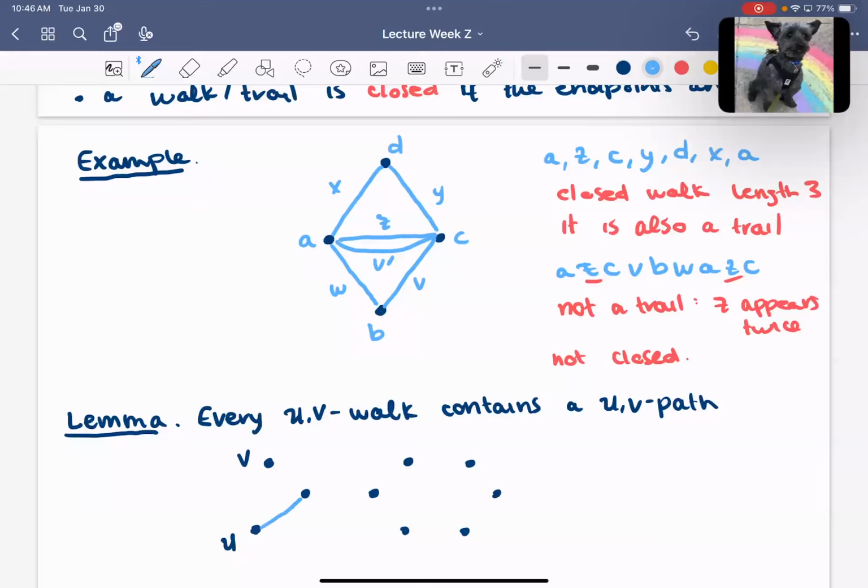So we go from this vertex to this vertex, and then around here, and back. So this is some kind of walk, but inside of here there is a way to just have a path that goes from U to V, instead of taking this whole walk. So does the statement make sense?